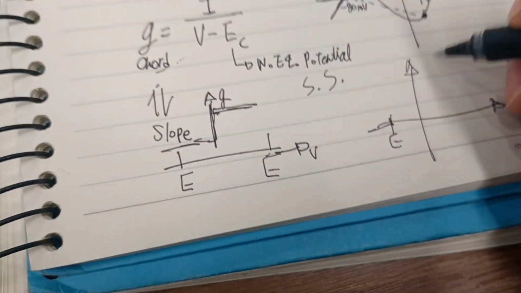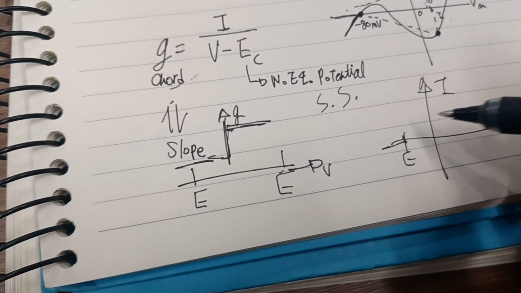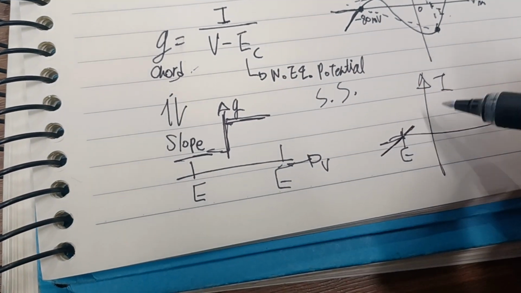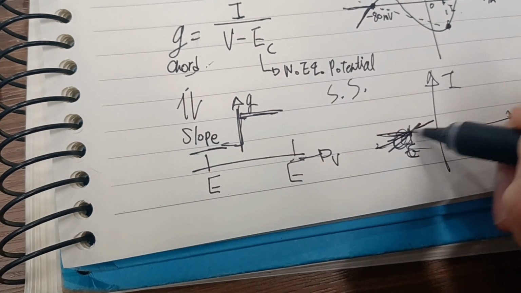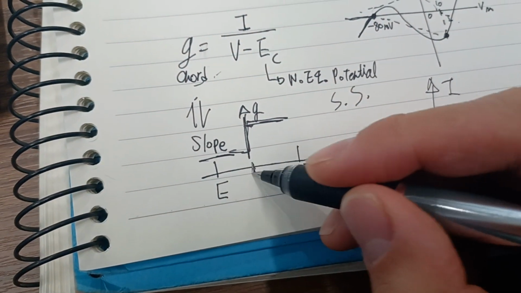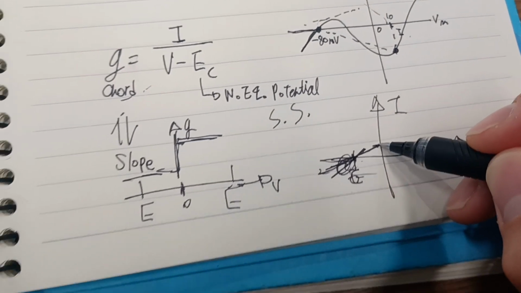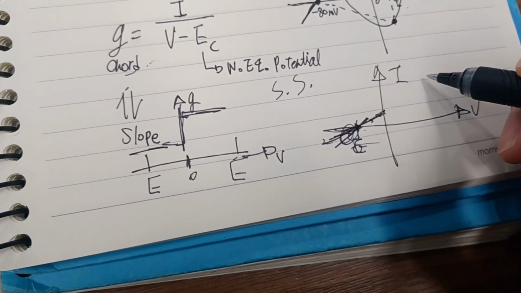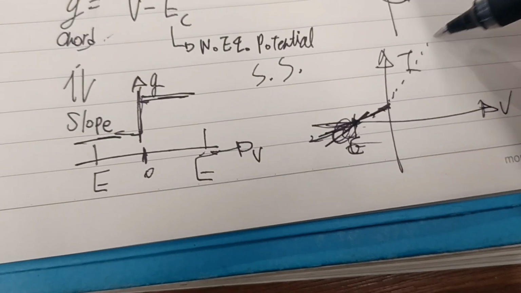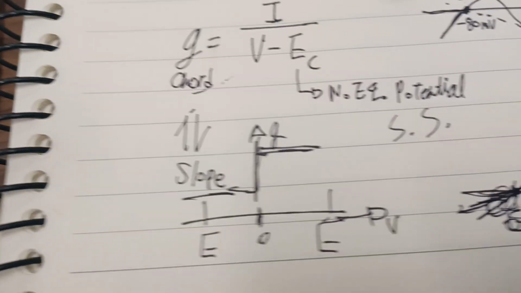And this is V, this is I. So what would happen? It will have a certain low conductance. Actually, I'm going to draw it lower. But at this stage, when it reaches 0, it's going to shoot up. So we may expect it to go this way, right? Increase in slope. But that's for just regular slope conductance.